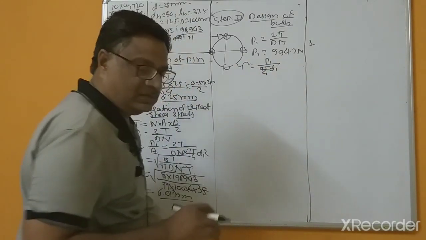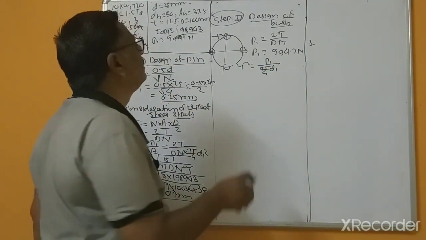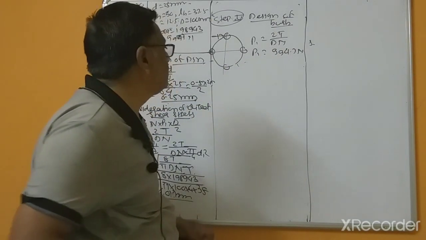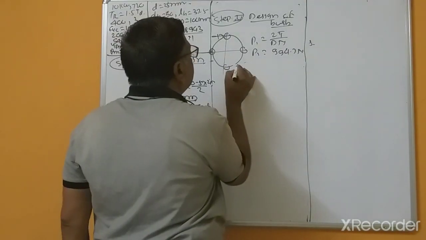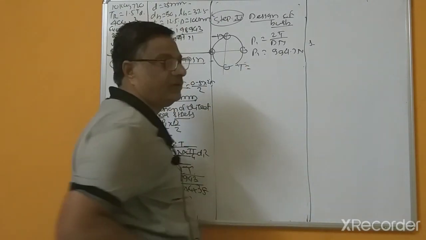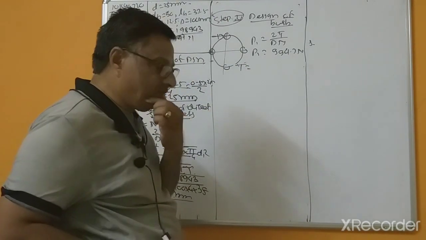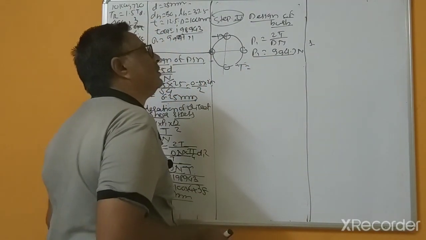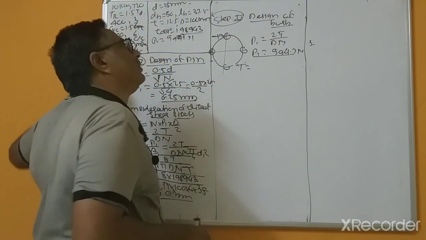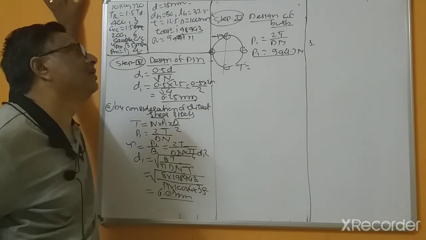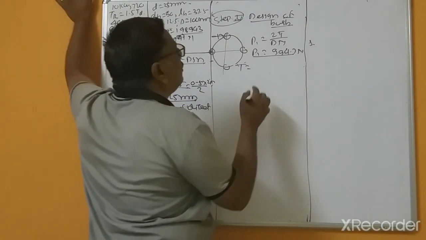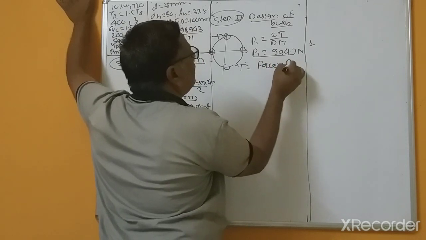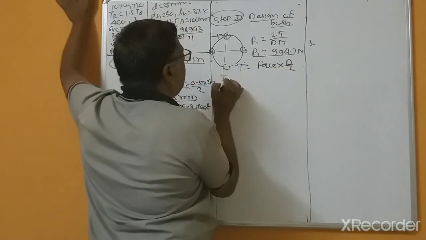No, this is not the case. Here we have to use the formula, T equal to force multiplied by capital D by 2.